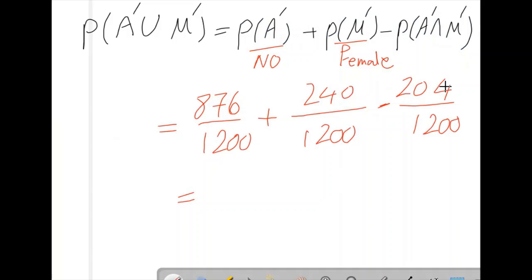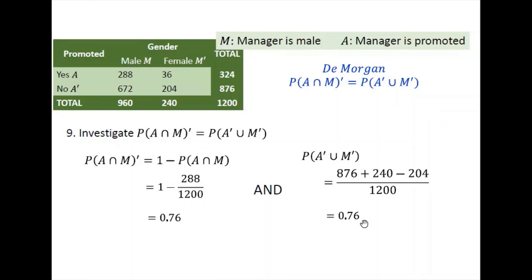The result is 0.76. You can see that these two probabilities are equal.